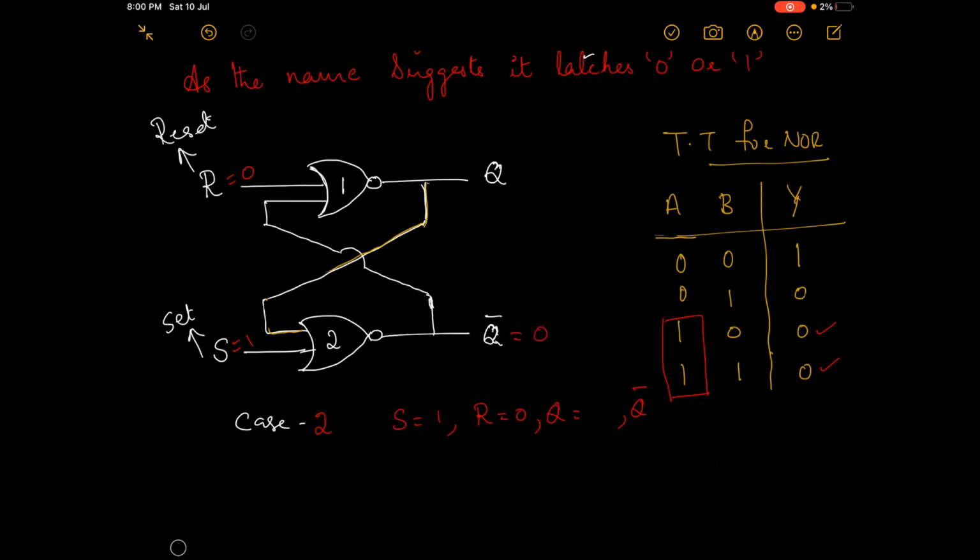Now, this output Q bar is given as the input to the first NOR gate, so that 0, 0 is the input to the NOR gate, the output is 1, that is Q is equal to 1. So when you give S equal to 1 and R equal to 0, the output Q is equal to 1 and the complement of Q is 0.